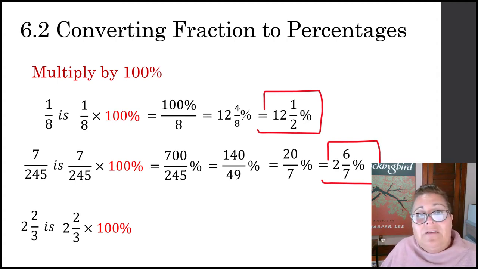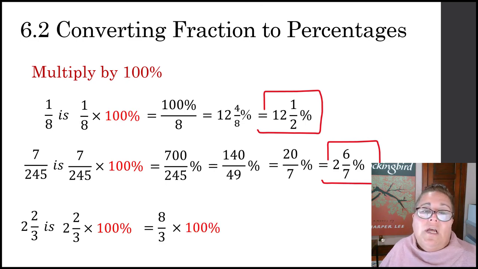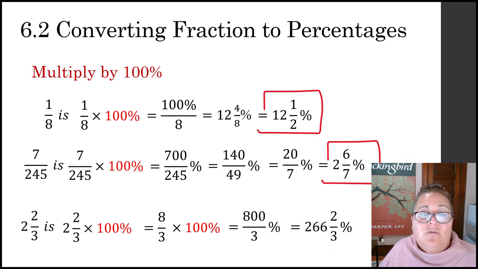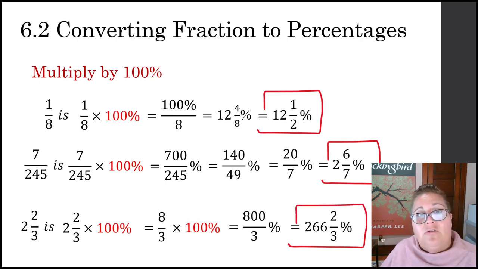So this would be 8 over 3 times 100%, or 800 over 3 as a percent. Now when I divide that through, 3 goes into 800 266 times, with a remainder of 2. So this will be 266 2/3%. Note that this is between 200% and 300%.